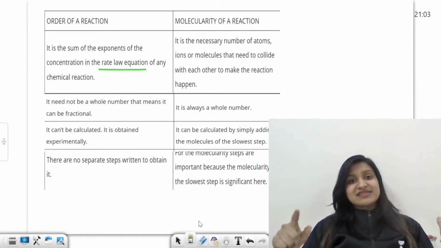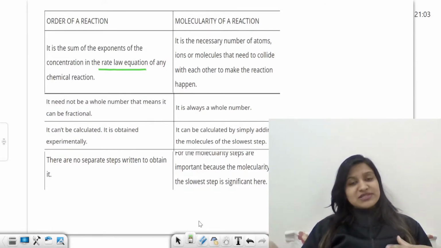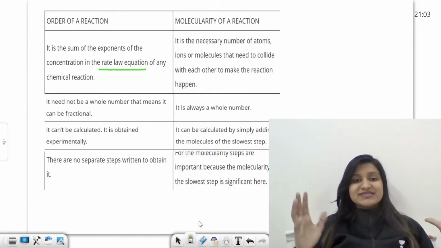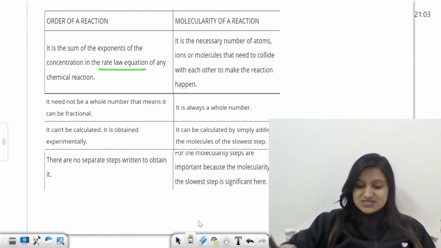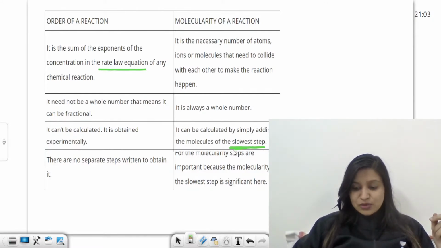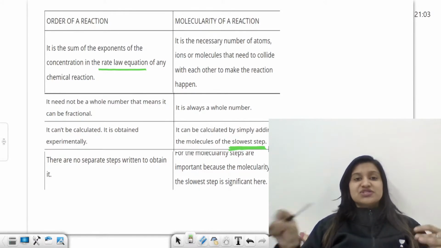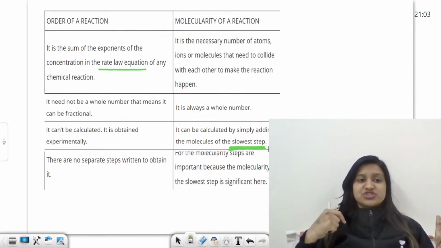In the case of molecularity, it can be calculated by simply adding the molecules of the slowest step. This is a very important thing, because in a complex reaction the slowest step decides the rate of the reaction.